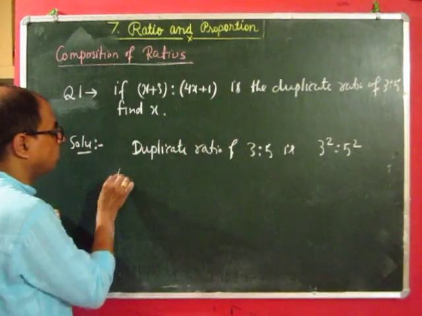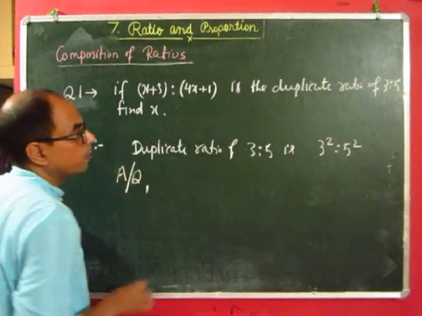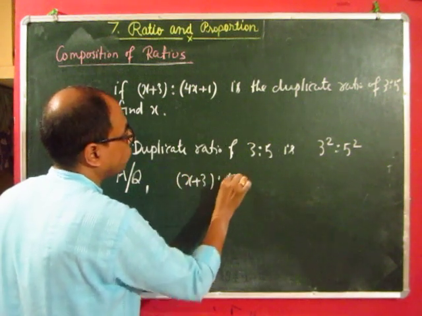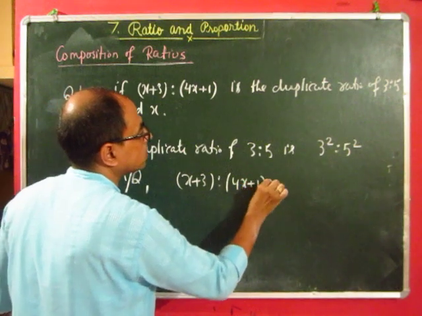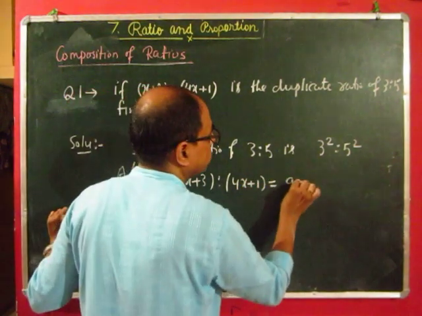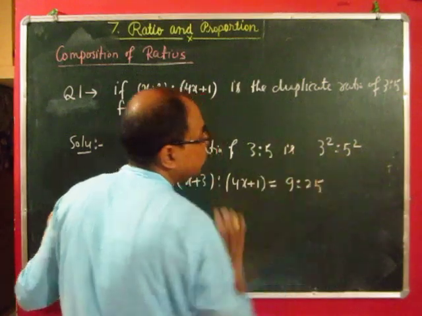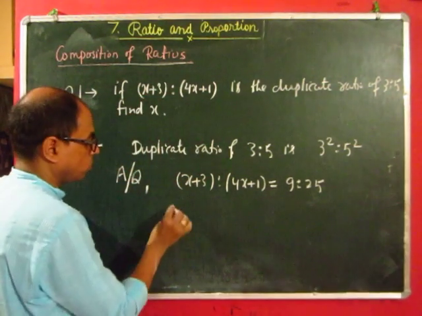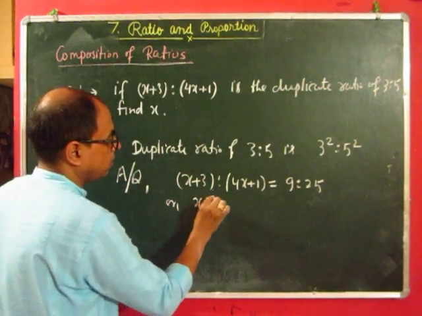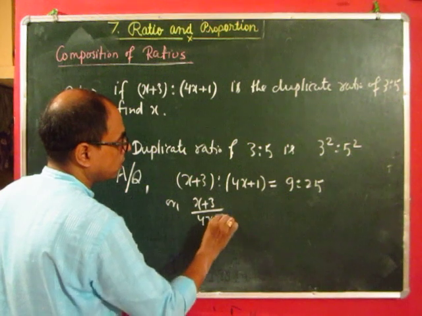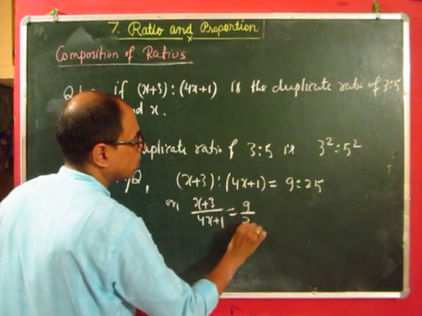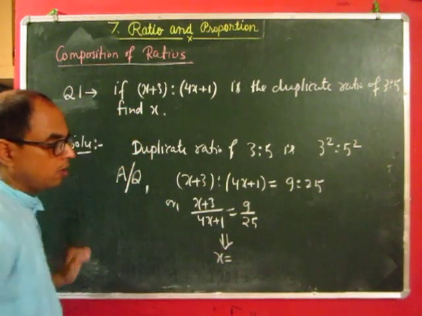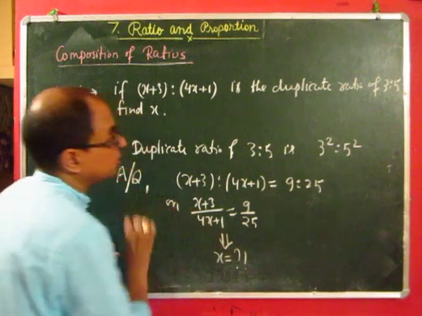So according to the question, x plus 3 is to 4x plus 1 must be equal to 9 is to 25. So x plus 3 by 4x plus 1 is equal to 9 by 25. Now solve this and you will get the value of x. This is the answer.